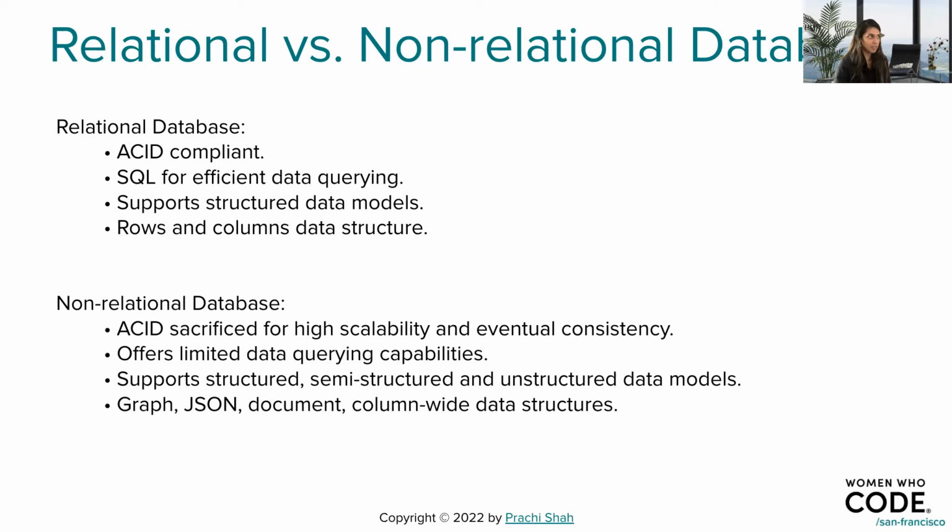Like I said, relational databases support structured data models, whereas non-relational databases support structured, semi-structured, and unstructured data models. That's a big benefit. Your data can be of any kind, depending on the business use case, and you can persist it as you want to. Relational databases have a rows and columns data structure, right? So the schema is rigid.